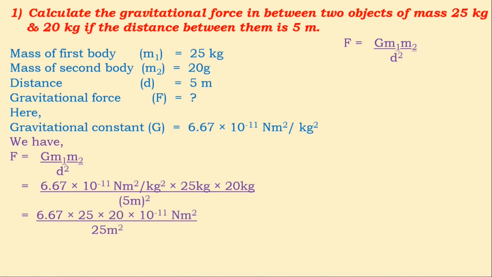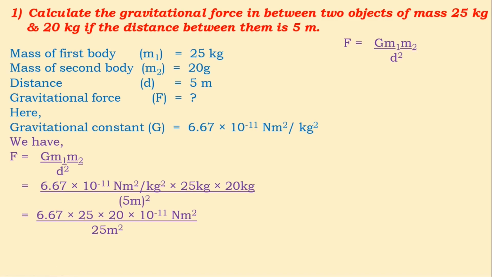This way 6.67 into 25 into 20, and the power of 10, 10 to the power minus 11, we write later. Now here we have kg square in the denominator, and kg and again kg in the numerator, so we can cancel this, and the remaining Newton meter square is written here. In the denominator there is 5 fives are 25 meter square. Numbers interact with numbers, that's why these numbers are taken together.